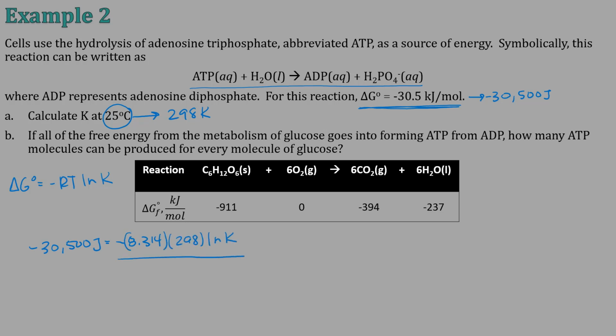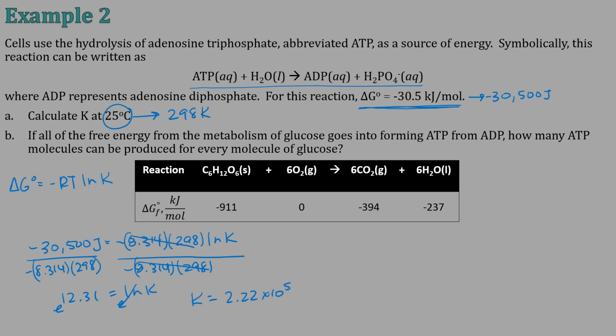So I'll divide both sides by negative 8.314 and 298. And I get 12.31. Get rid of natural log by using e. My K is 2.22 times 10 to the 5th.